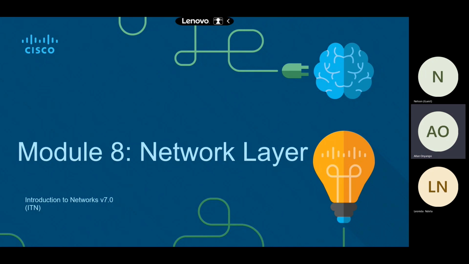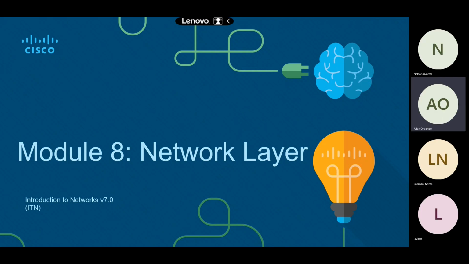We did talk about layer 1, which is the physical layer, and we talked about the network media within the physical layer, and the 3 types of network media were copper, fiber optic, and wireless. All right.